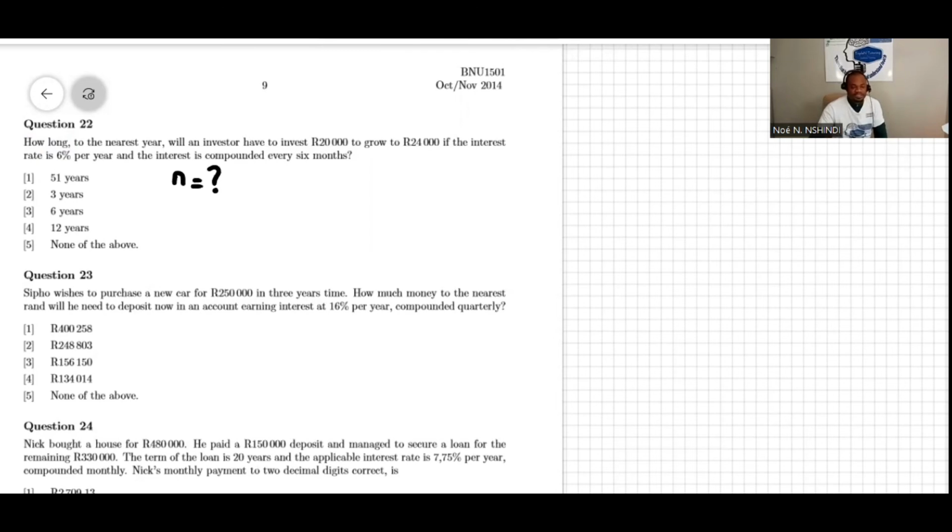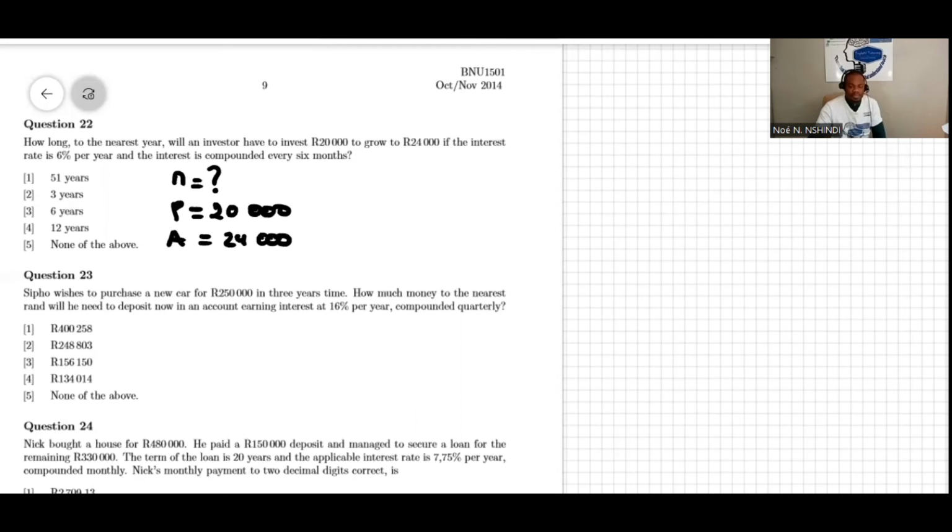It says how long will an investor have to invest 20,000 Rand to grow to 24,000 Rand? So the principal is the money the investor has to invest, which is 20,000, and the amount is 24,000.